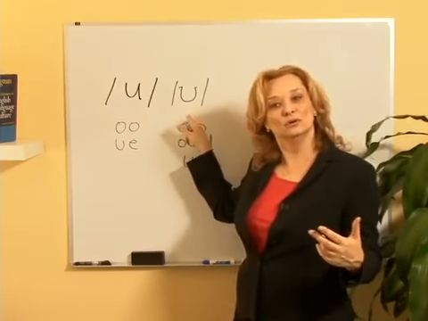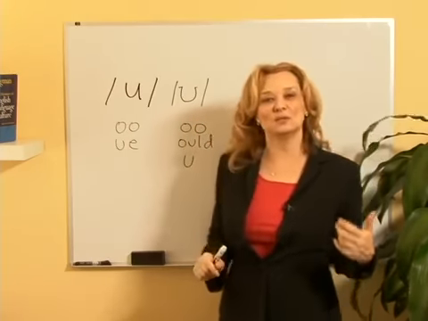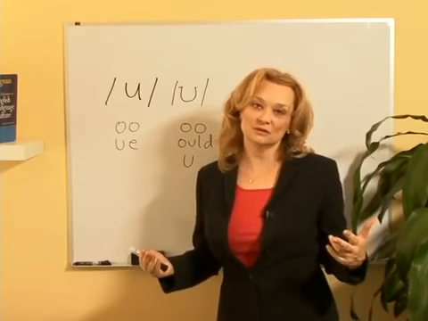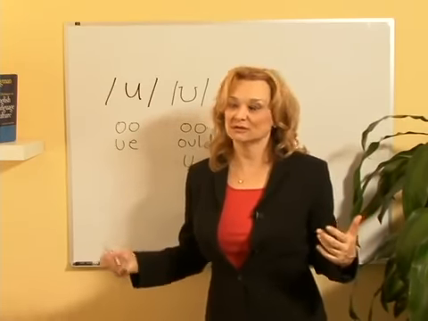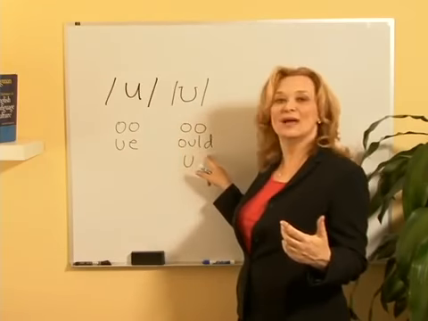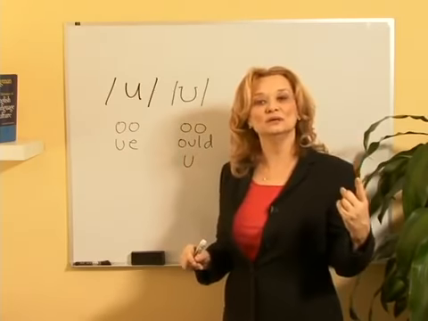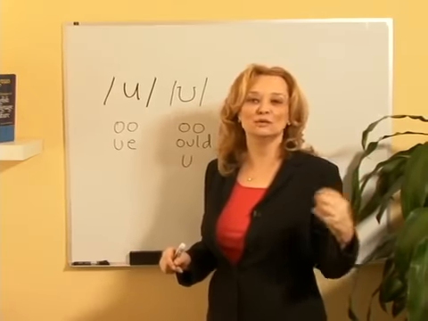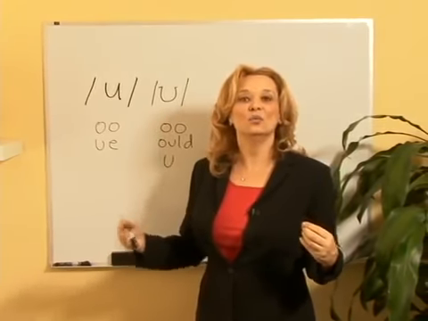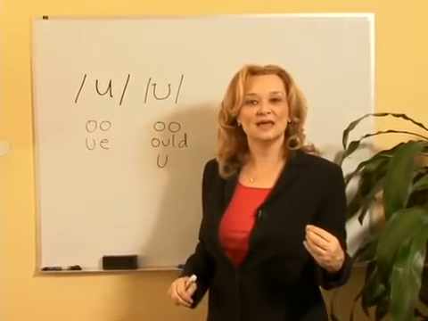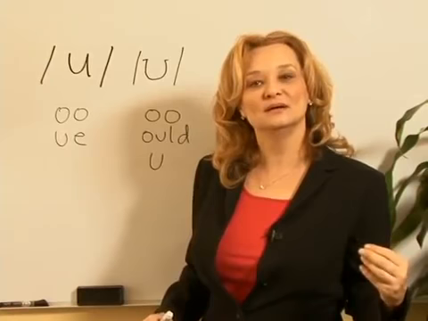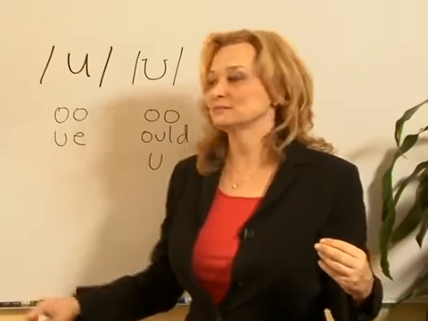And for the we also have a double O, as in words like look, took, shook, and OULD, as in would, could, should. So don't say I would like, say I would like. Don't say look at the good book, say look at the good book.